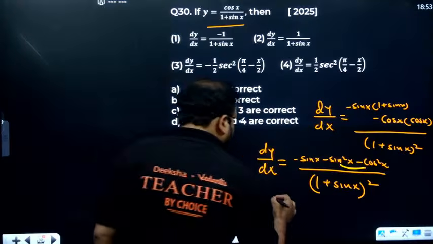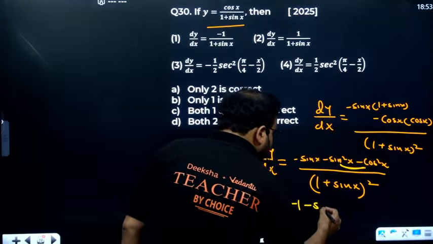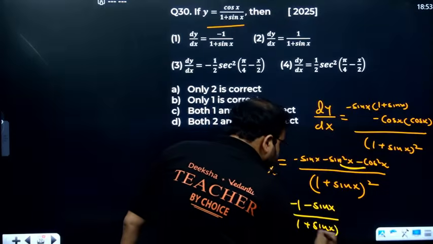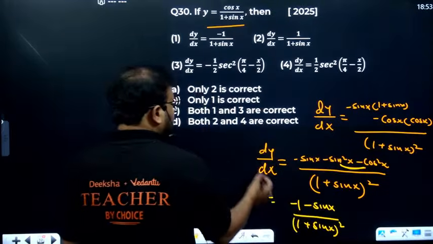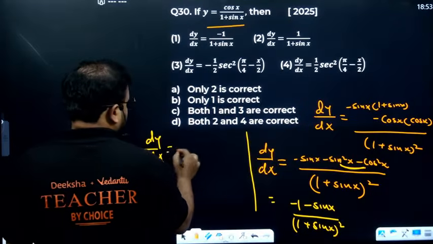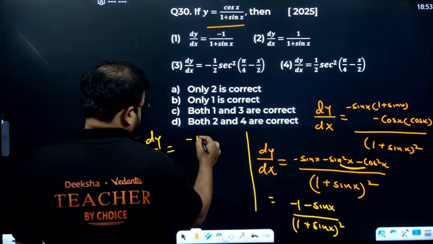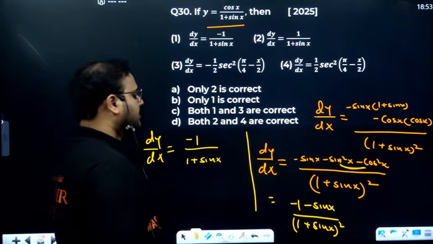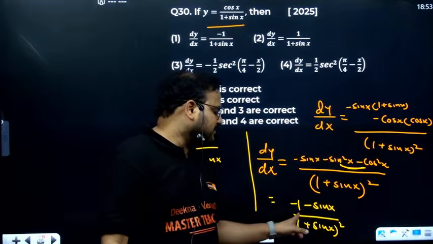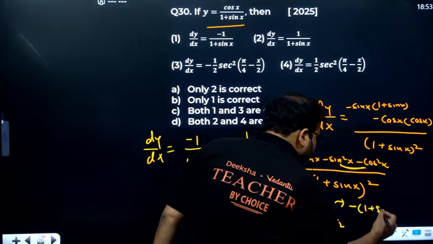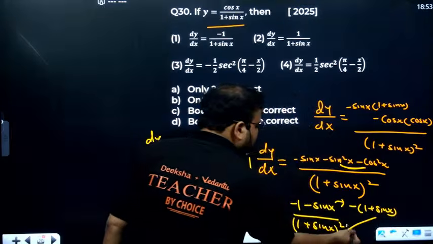Okay, so I have minus 1 minus sine x upon 1 plus sine x the whole square. You can take something common, guys. You'll have dy by dx as minus 1 upon 1 plus sine x. How come, sir? If you take minus sign common over here, it will become 1 plus sine x. That will cancel with this.